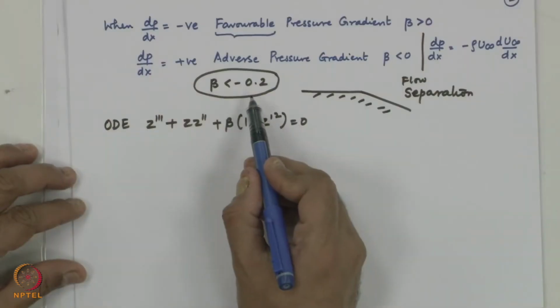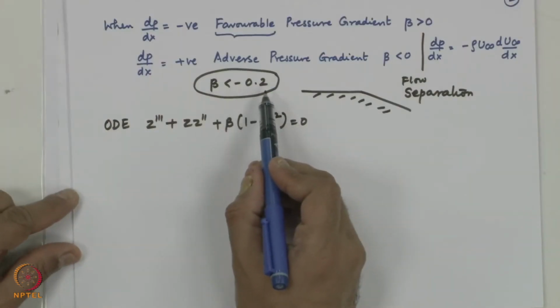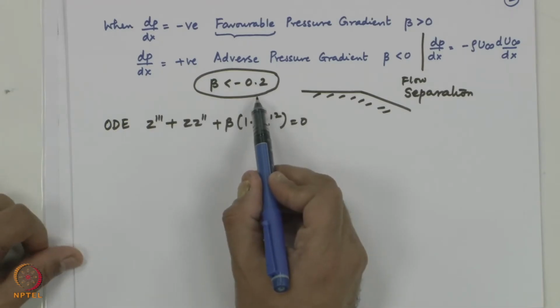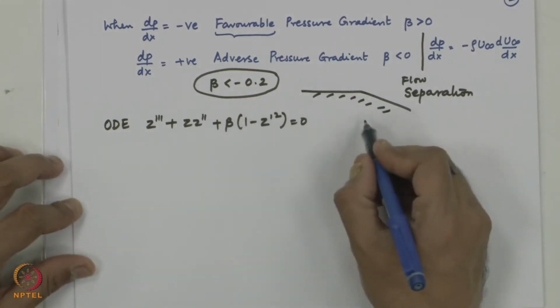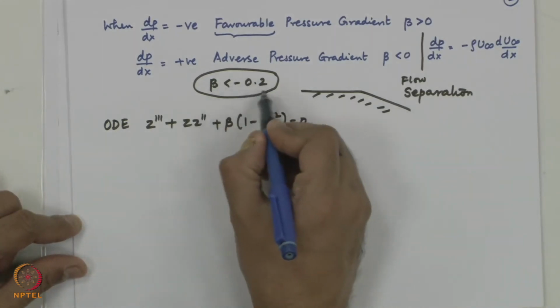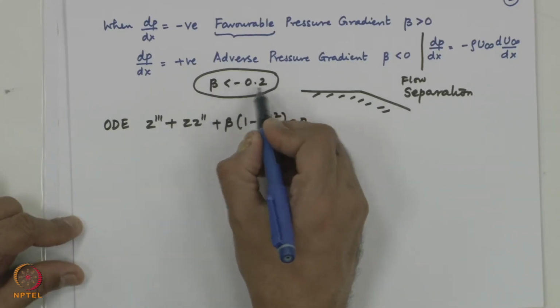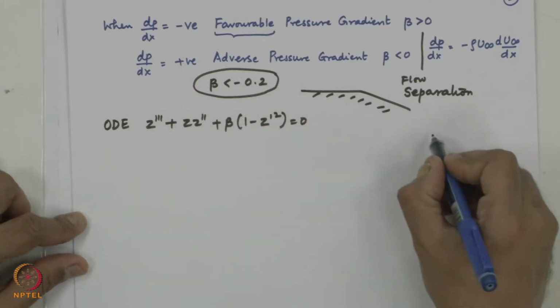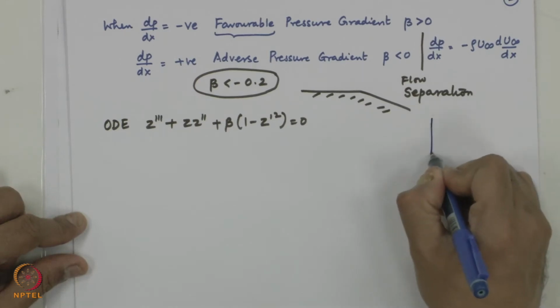So, I keep on making beta minus 0.05, minus 0.1, minus 0.15, going on making it negative. When beta is equal to minus 0.2, you get flow separation. What is flow separation?